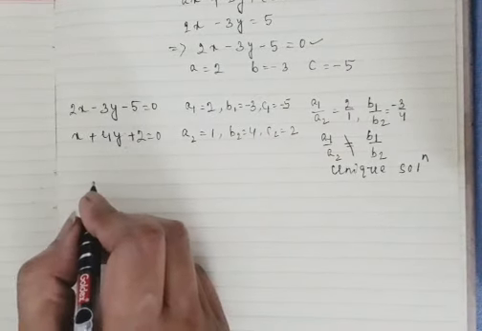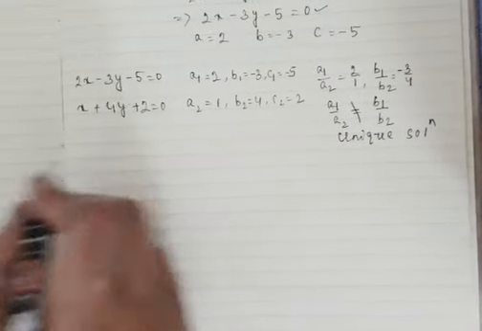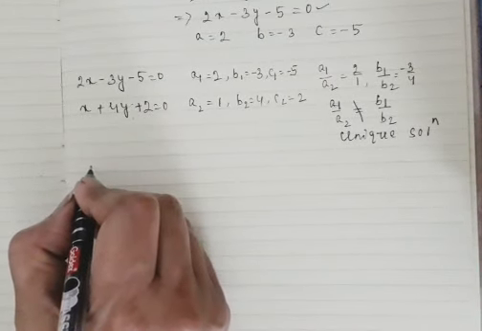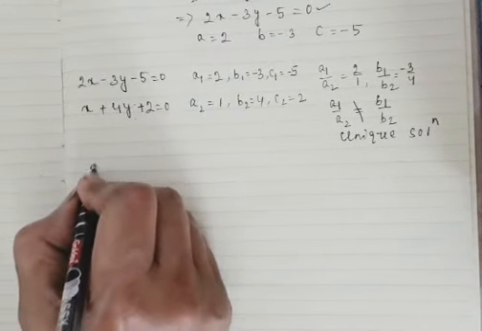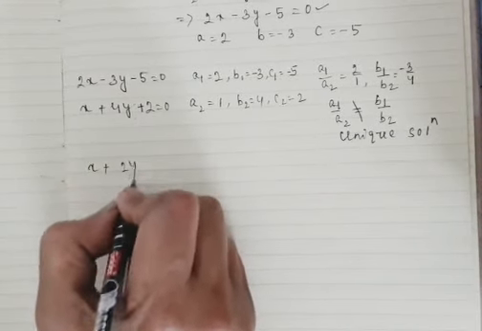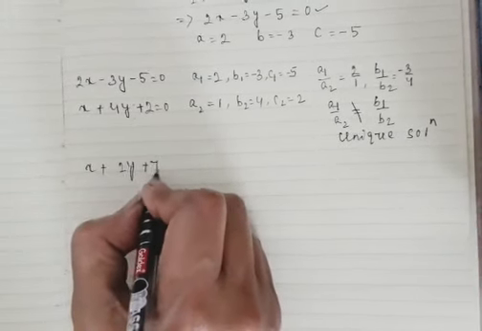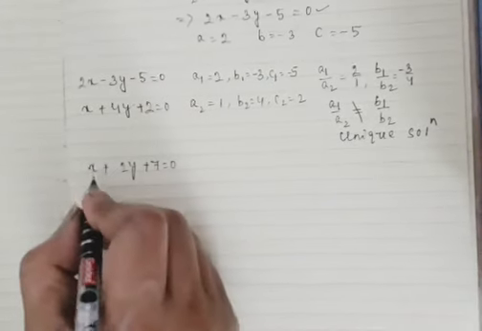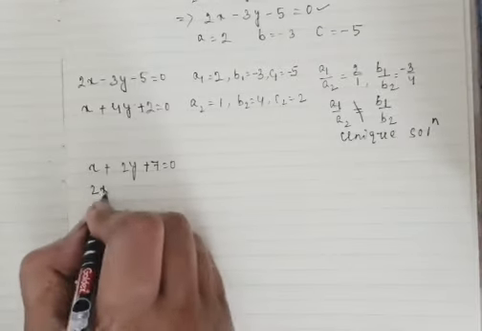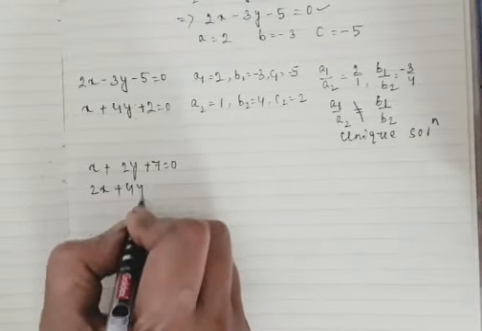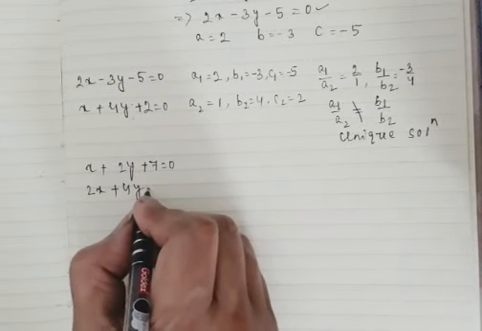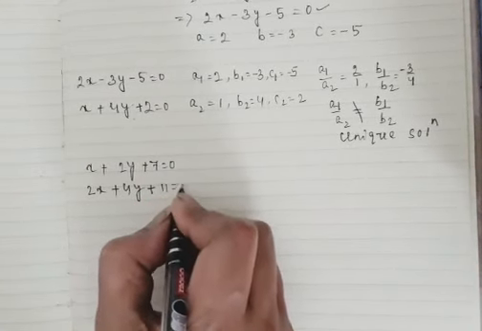Now let me go for the second pair of equations. One is x plus 2y plus 7 equal to 0, and 2x plus 4y plus 11 equal to 0.